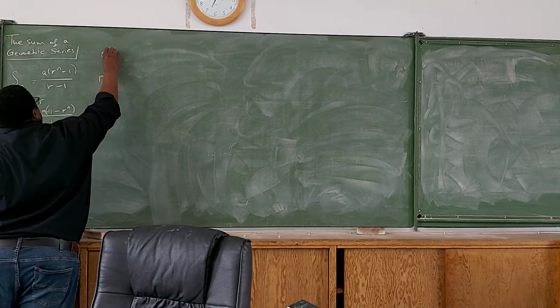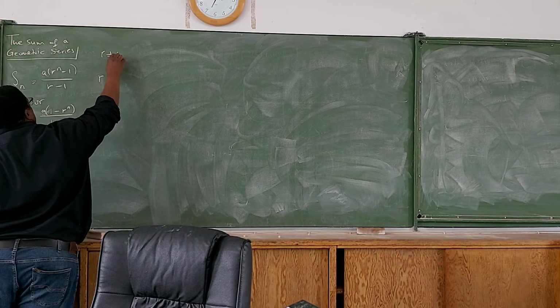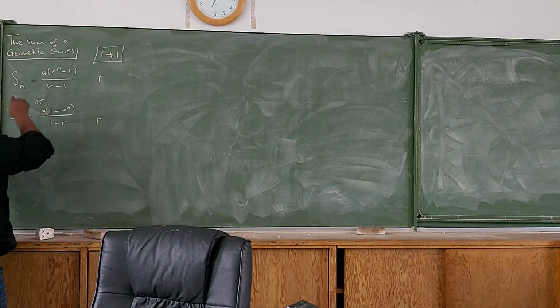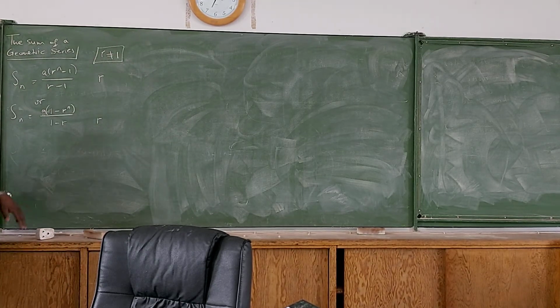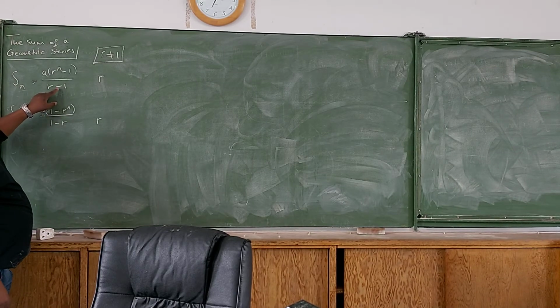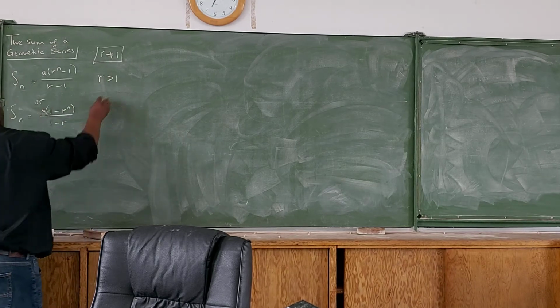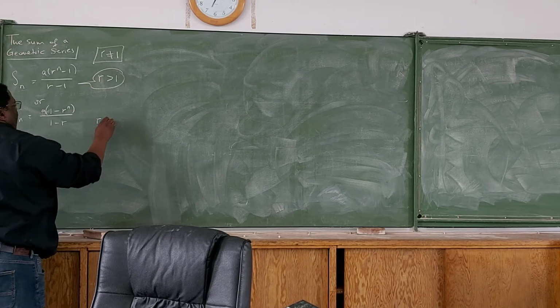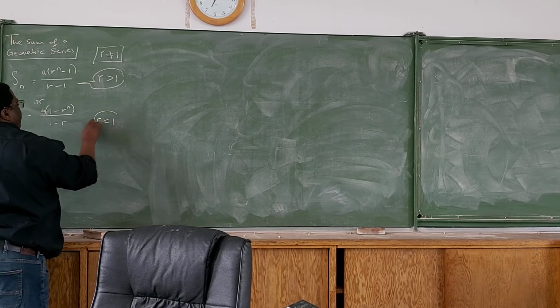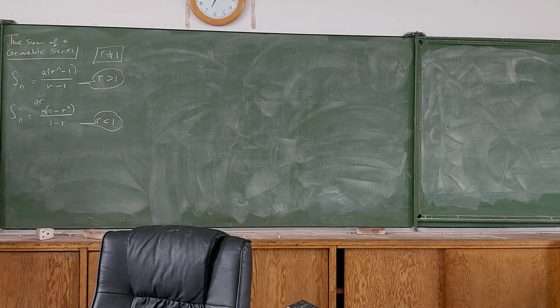We also know that r cannot equal 1, otherwise the denominator becomes 0, and dividing by 0 is not possible. If r is a number greater than 1, then we may use this one. If r is less than 1, it doesn't matter which one you use.